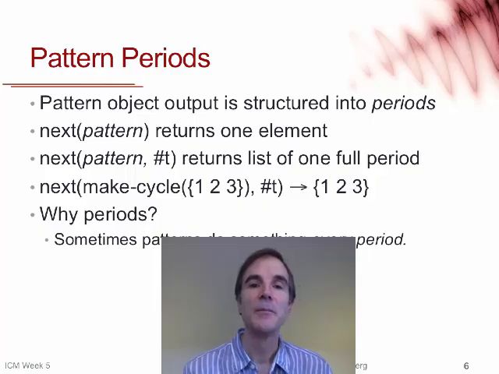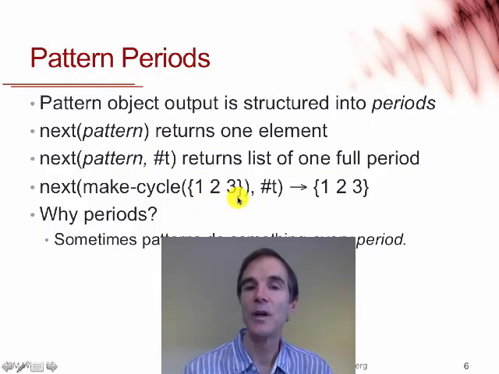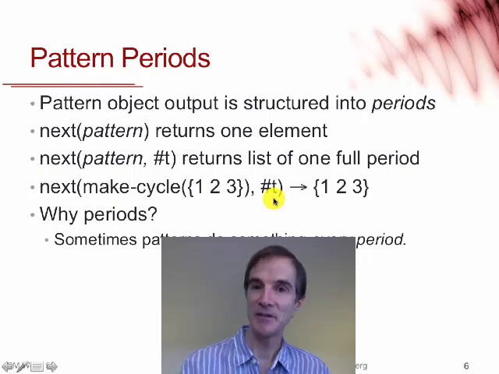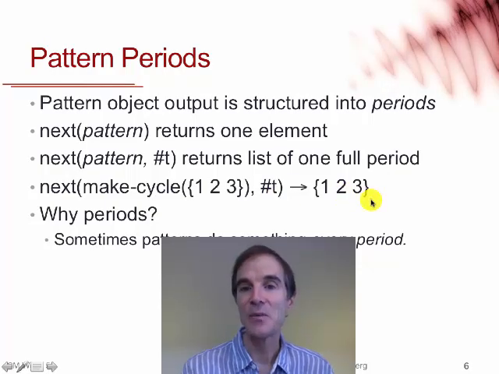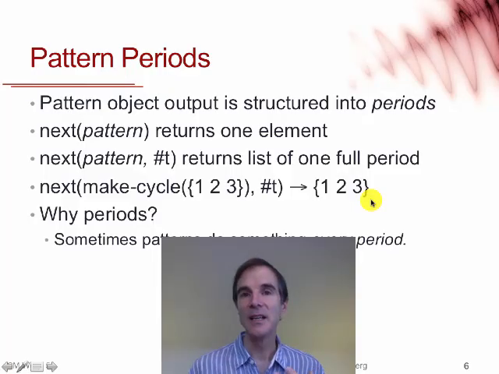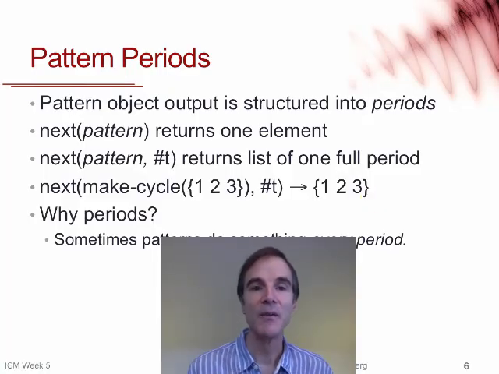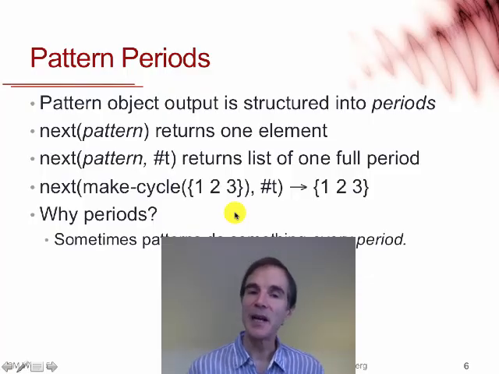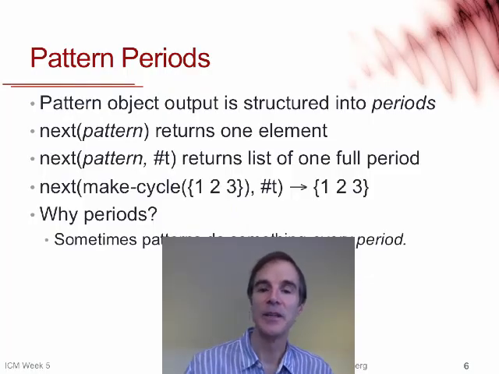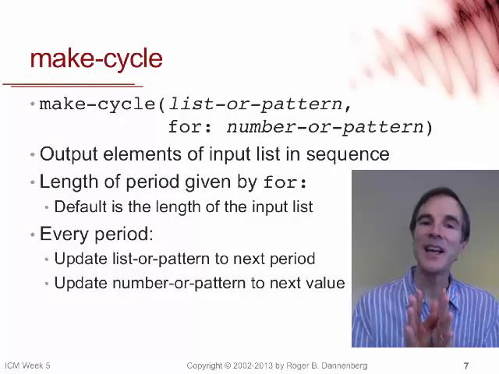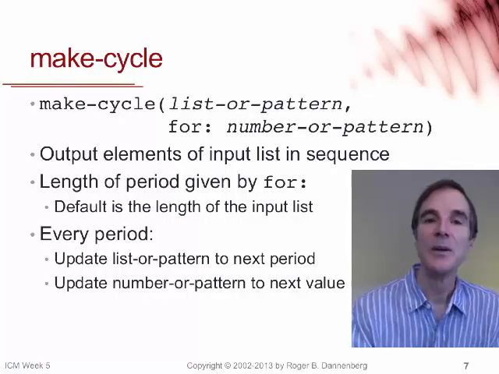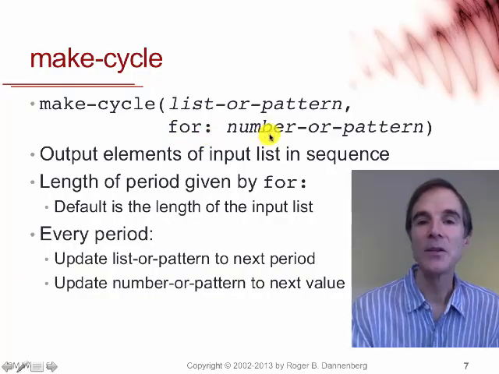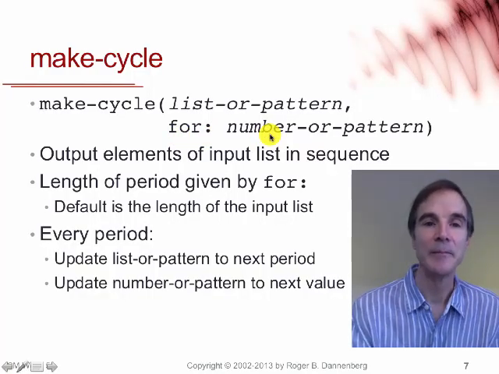So for example, if I call make cycle of 1, 2, 3, and I say give me an entire period by specifying the true parameter, then I get the list 1, 2, 3. So 1, 2, 3 is the default period for make cycle. And why do we have periods? Well, sometimes patterns do something on every period. Patterns can take an optional parameter, which is the for keyword parameter, that tells you how long the period should be.